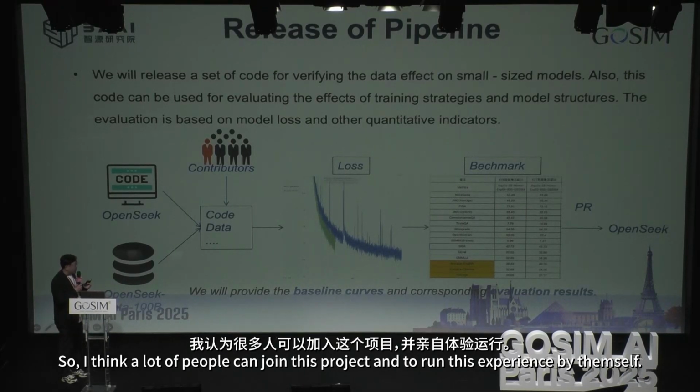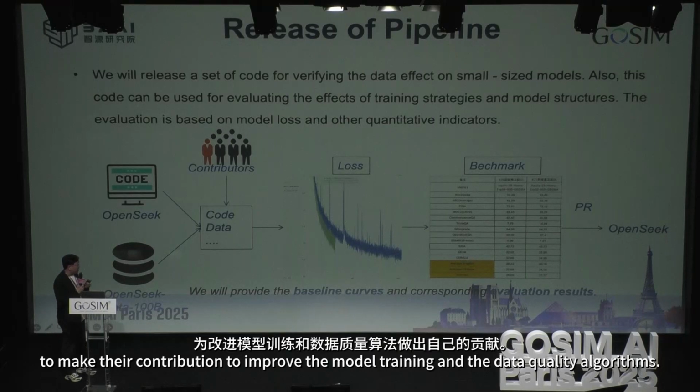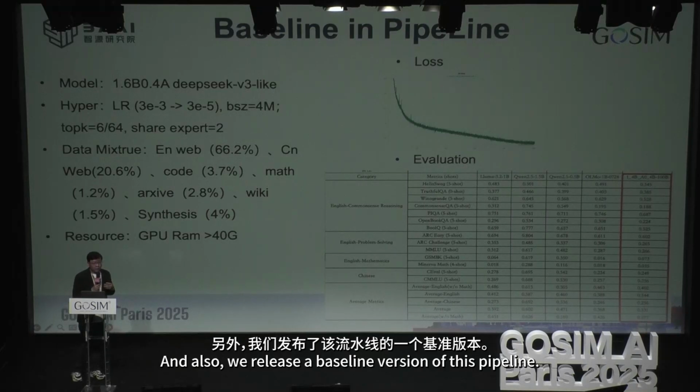So I think a lot of people can join this project and run these experiments by themselves. We want to build this pipeline to let more contributors join this project and contribute to improving the model training, the data quality, and the algorithms. And we also release a baseline version of this pipeline.